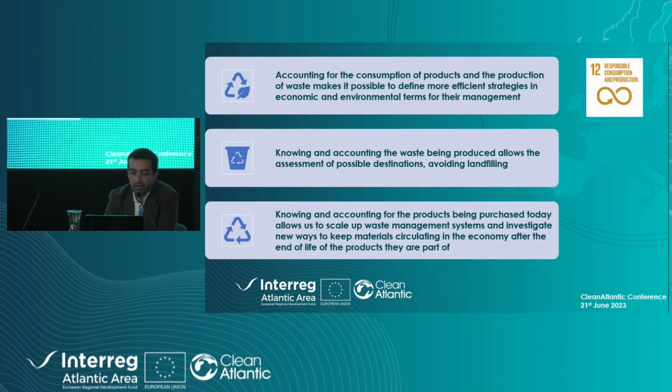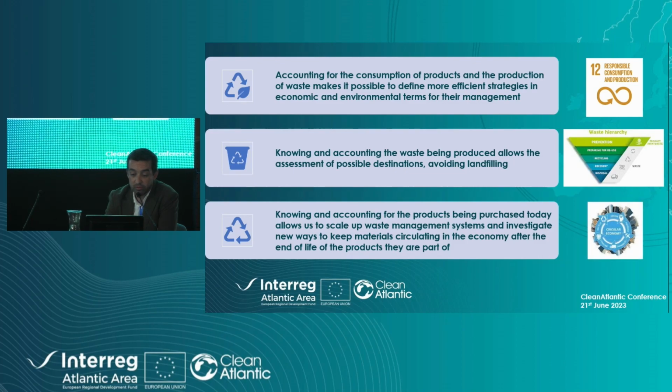In the scope of responsible consumption and production, we know that accounting for the consumption of products and the production of waste makes it possible to define efficient strategies in economic and environmental terms for management. On the waste hierarchy, knowing and accounting for the waste being produced allows the assessment of possible destinations, avoiding the last step, which is disposal or landfilling.